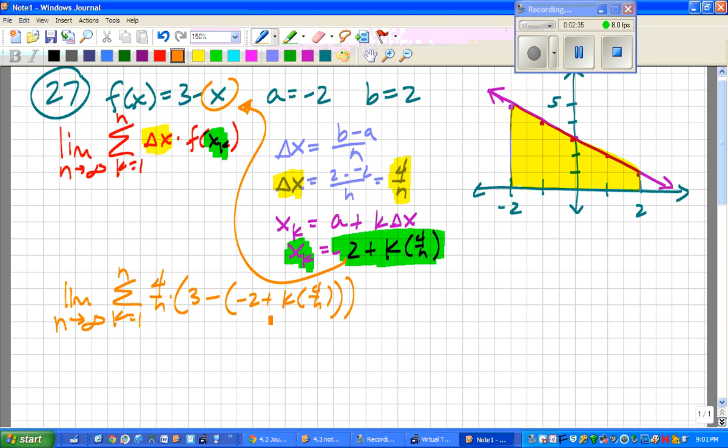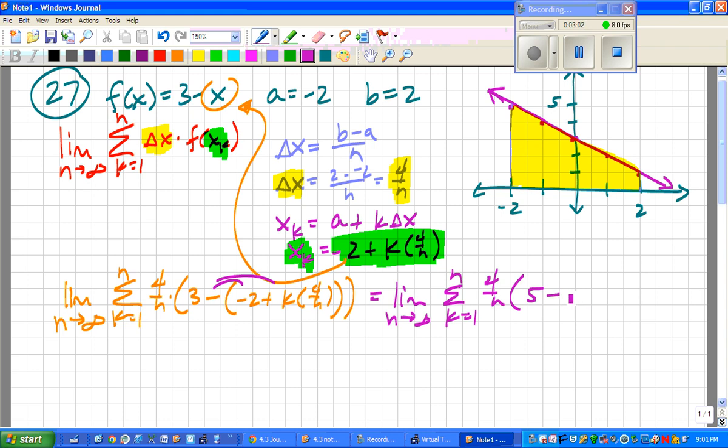So we need to go ahead and do a little simplifying here. We can distribute that minus. So limit as n approaches infinity of the sum of k equals 1 to n of 4 over n times, so we get 3 minus negative 2, so we're going to have 5, and then distribute that minus.